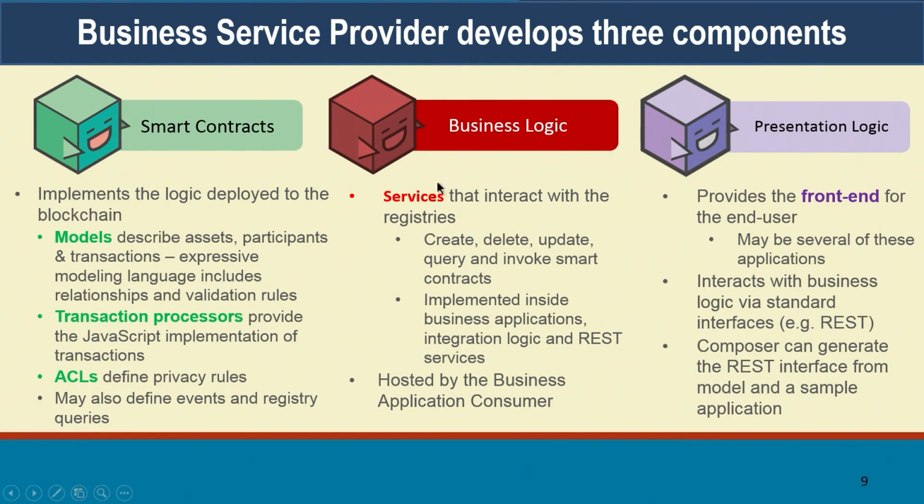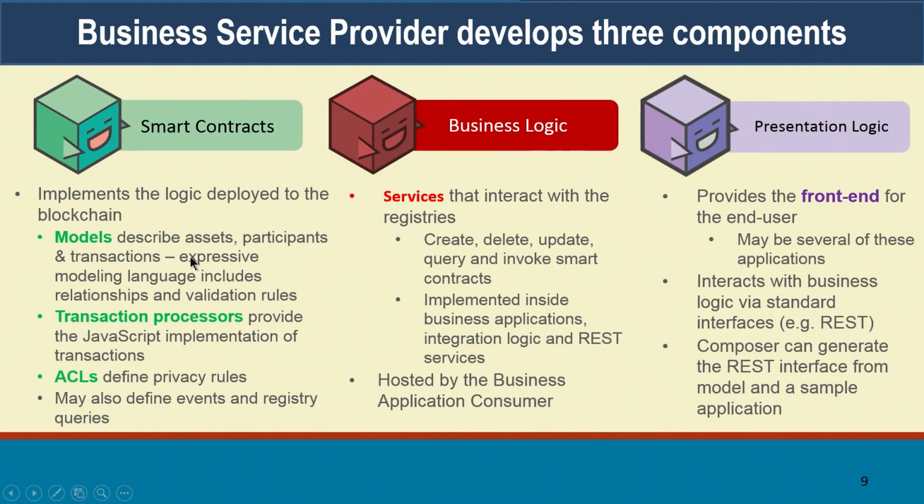But before we get there, some components of Composer. What are the things that you will be developing as a Composer user? So the first thing is you have to develop your smart contract logic. So the smart contracts, you can think of it as comprising of the following. There is going to be a model file, and this model file will describe the set of assets.